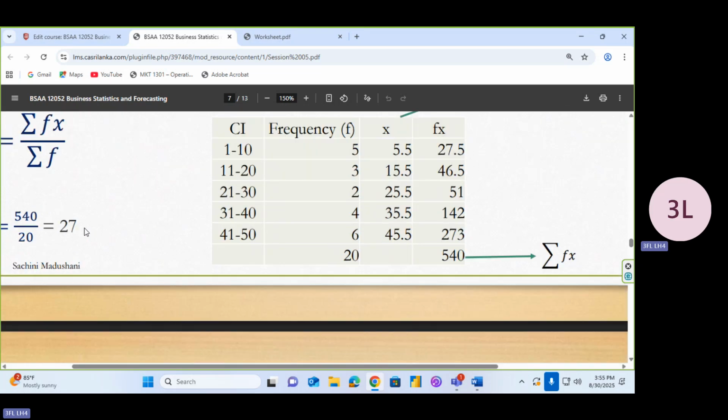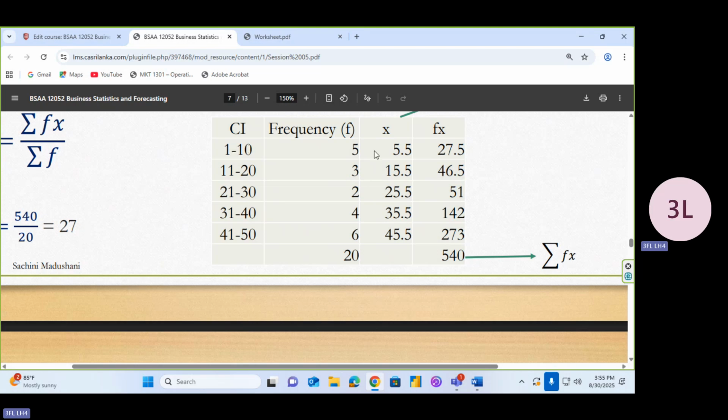But here there is no X column, only class intervals. So the first step is to find the class mark of each class interval. Last week we discussed class mark. The class mark is the average value of the class interval, and it represents the entire class interval. How do we calculate the class mark?